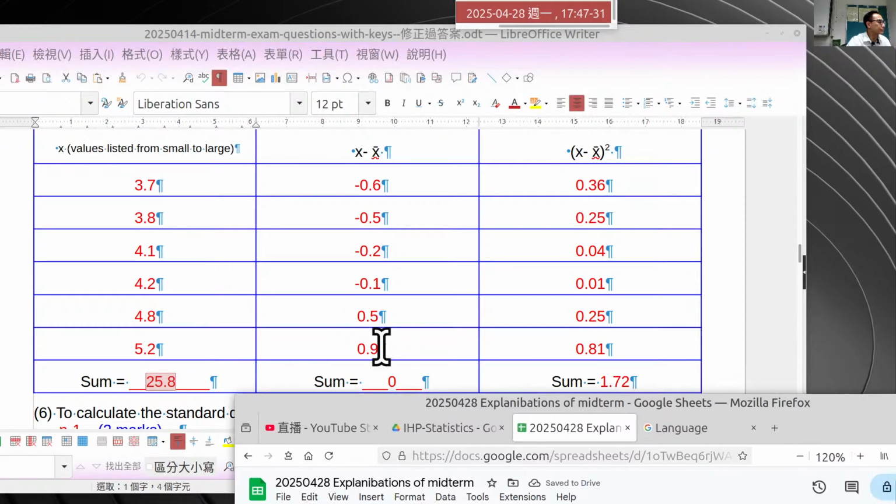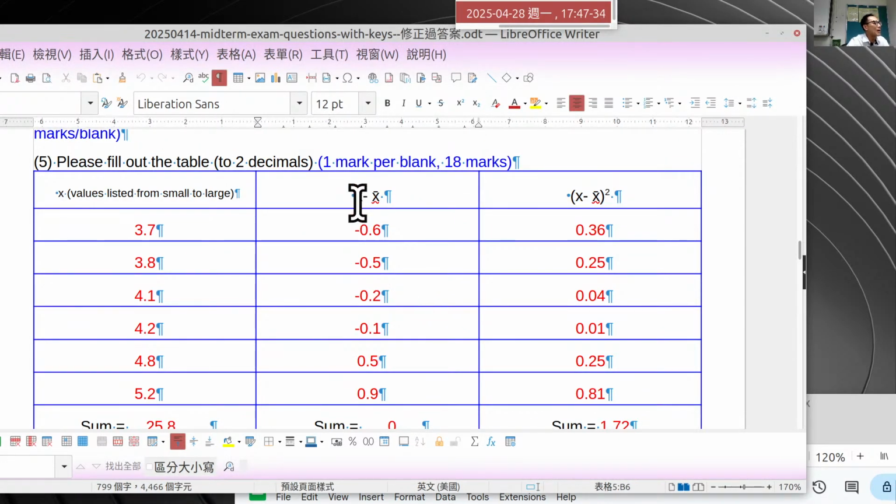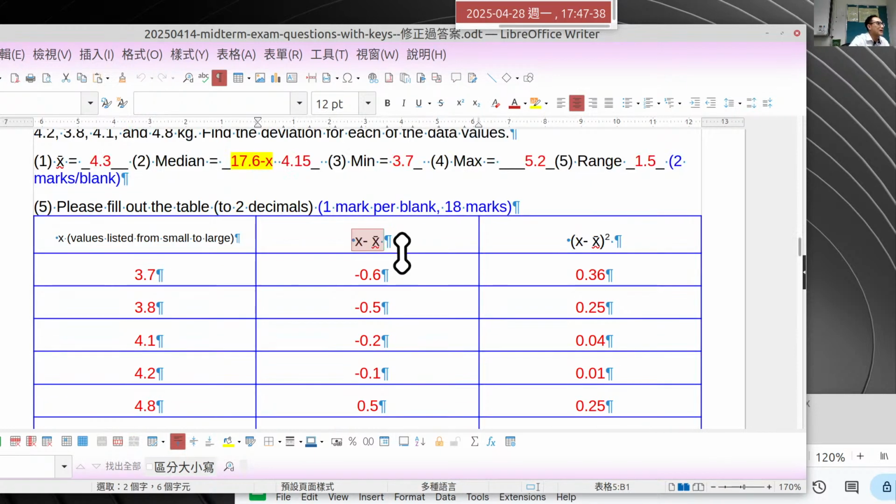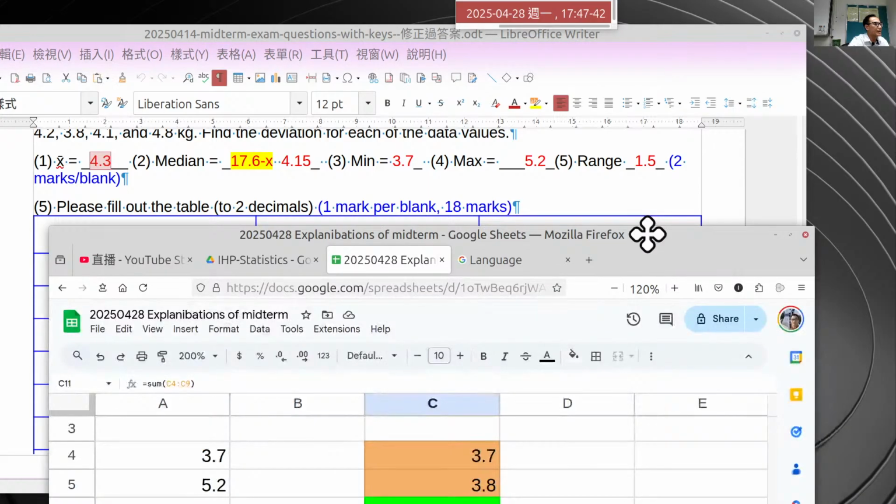Okay, next. How about x minus x bar? X bar is 4.3 here. And we can do that.